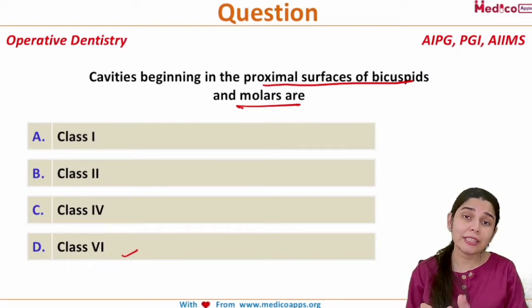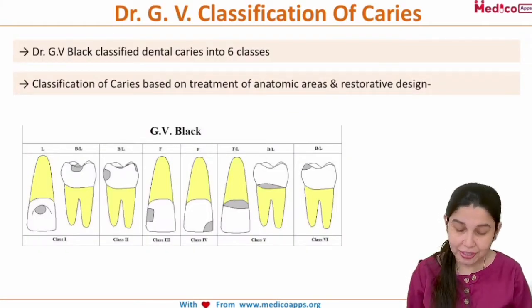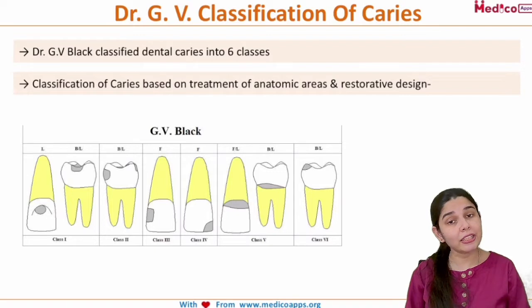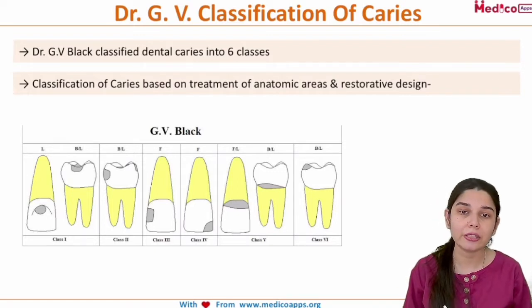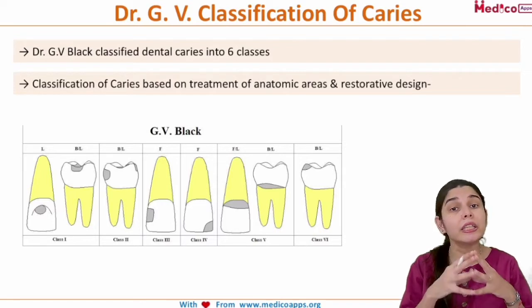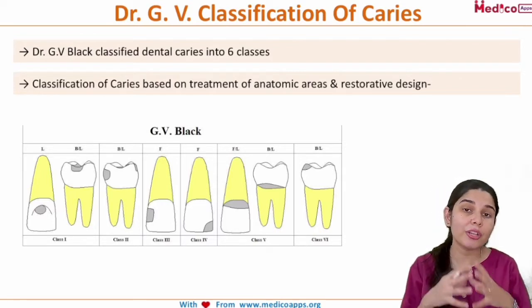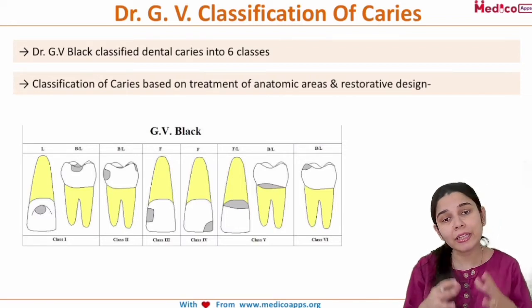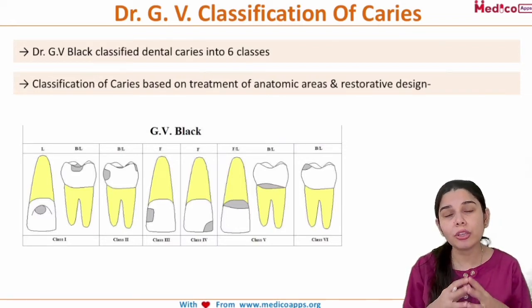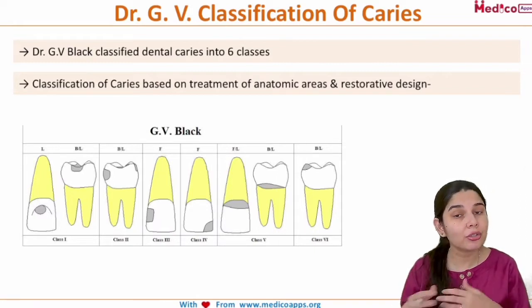Now let's start our discussion on Dr. G.V. Black's classification. The classification is for dental caries. Dr. G.V. Black basically classified these dental caries into 6 classes. But the only difference which he made was that he made this classification based on the treatment of anatomical areas and the restorative design.